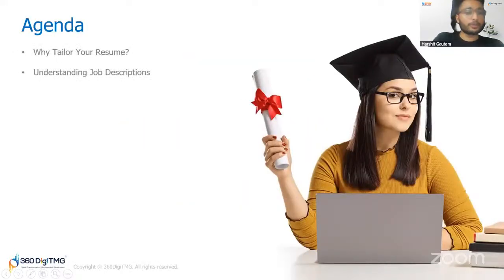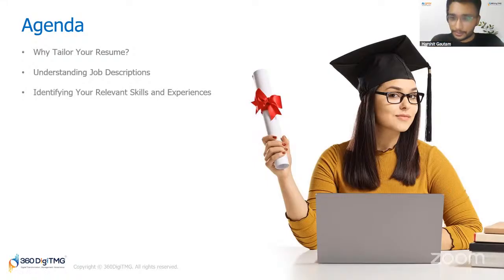Now, today we are going to talk about what is resume, why to tailor your resume first of all, then understanding job description, which is also known as JD. So what is that? Why is it important to understand this? Then how to identify your relevant skills and experience.